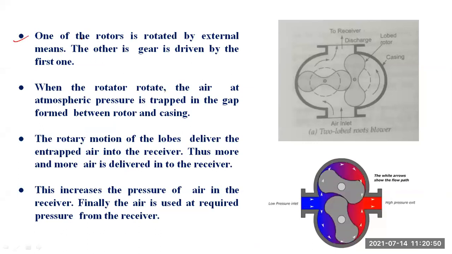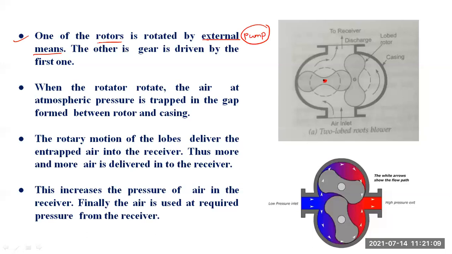Next part: one of the rotors is rotated by external means. What do we mean by external means? Some pump will be there externally, and that pump will rotate one of the rotors. This rotor, this small dotted part, is the rotor.